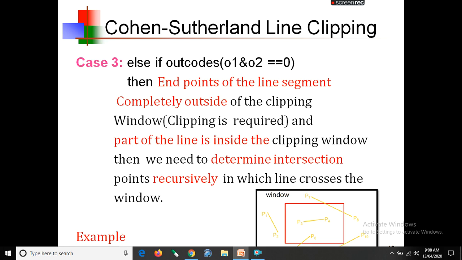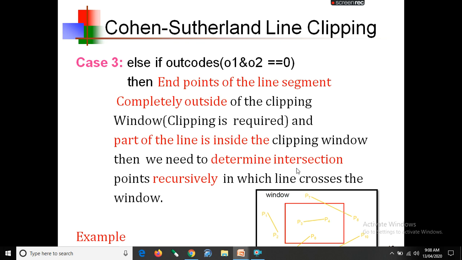If the result of the bitwise AND operation is equal to 0, it means that, no doubt, both the endpoints of the line segment lie outside of the clipping window, but part of the line segment lies inside the clipping window. Then we need to determine intersection points recursively, where the line crosses the window. Here we are using the recursion concept to determine the intersection points.